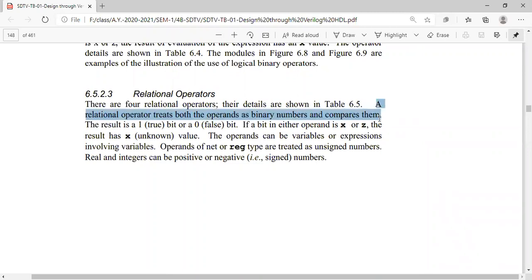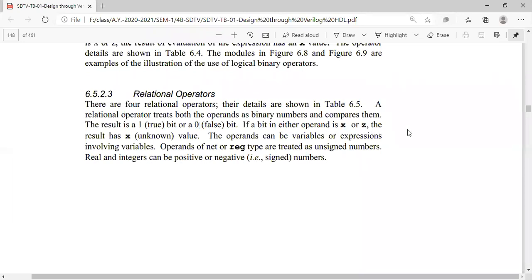Generally, the relational operators treat both operands as binary numbers and compare them. The result will be 1 if it is true and 0 if it is false, right?